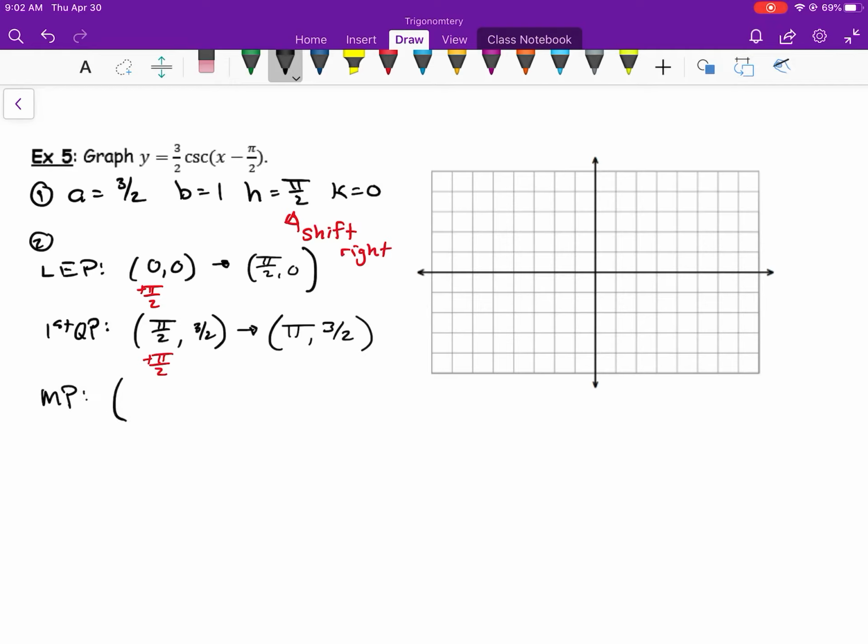Midpoint is pi over b, so pi and 0. Plus a half, so 1 plus a half is 3/2. So you get 3 pi over 2, 0.